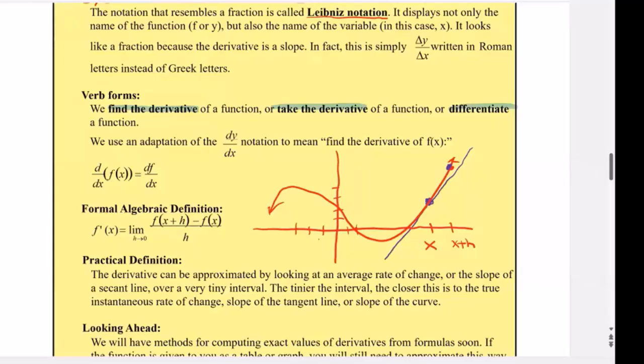So I'll say this is x comma f of x, and this point here is x plus h comma f of x plus h.